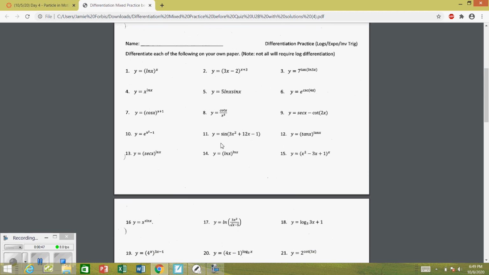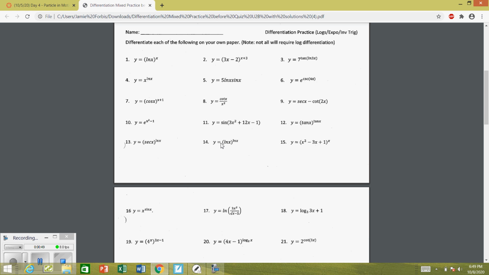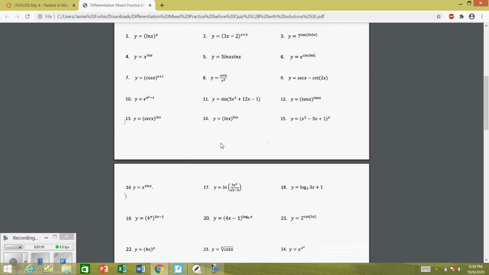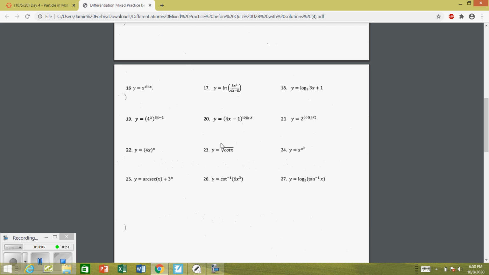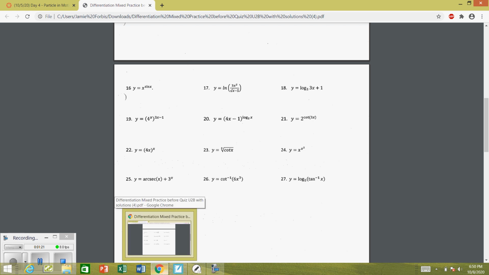So, for instance, number 1, number 2, number 4, number 7, number 12, number 13, number 14, number 15, number 16, number 20, number 22, number 24. I think that's it. But that's still a lot of numbers, okay?